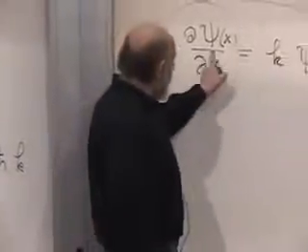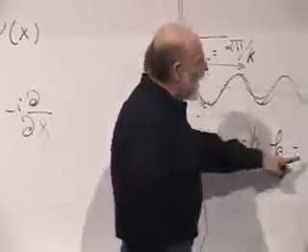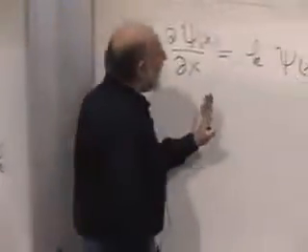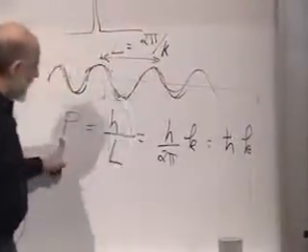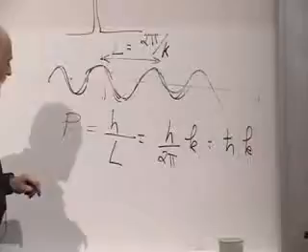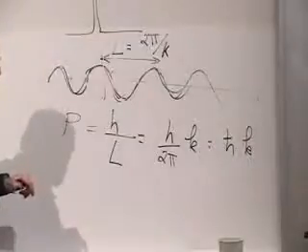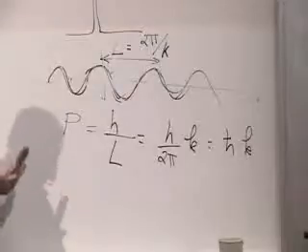Wavelength and momentum are connected in a certain way. And if I plug in, I find that momentum is connected to k. Momentum is h bar times k. Do I have that right? Yes. Momentum is h bar times k.